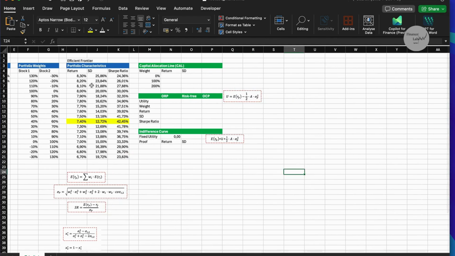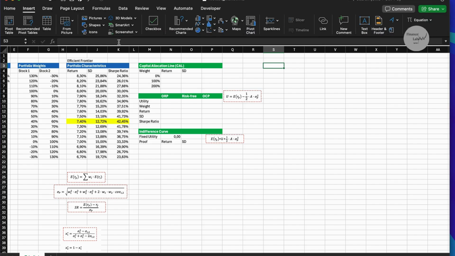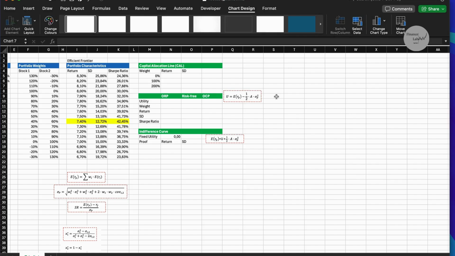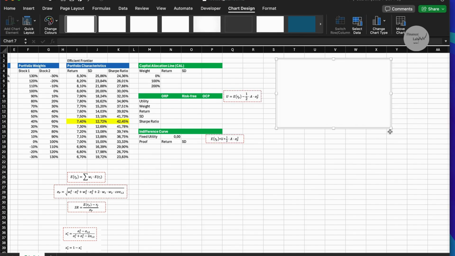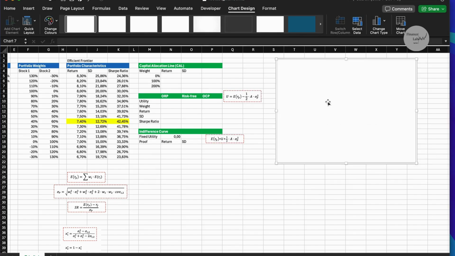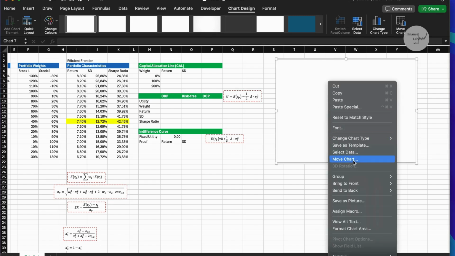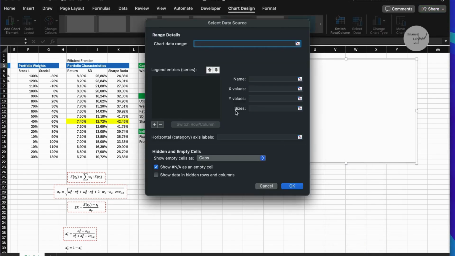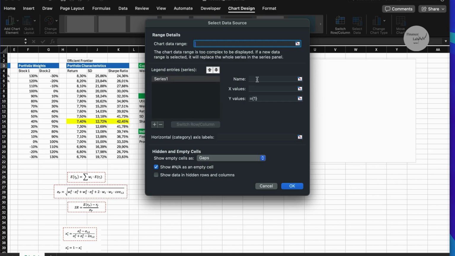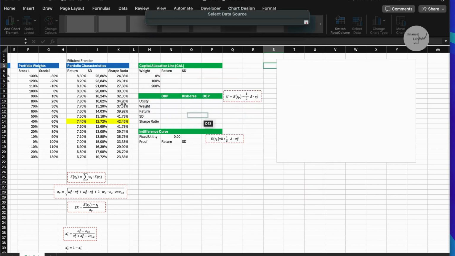And now we have to plot our efficient frontier using this data. So we go to Insert and we use the scatter plot. And now we need some data for our plot. So we select data. We start with the name. This is the efficient frontier. Then we have the x values.